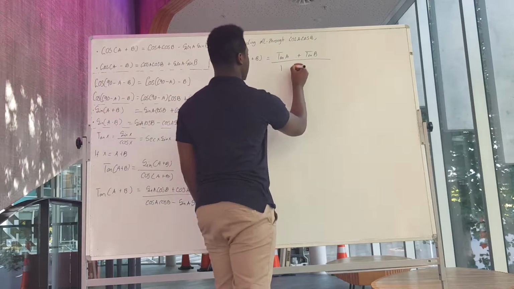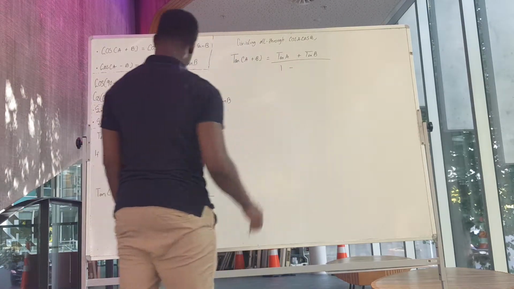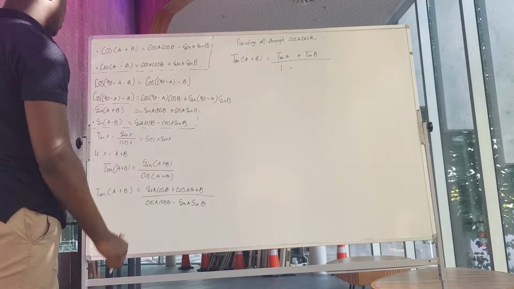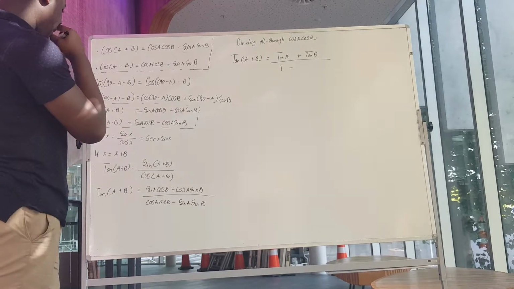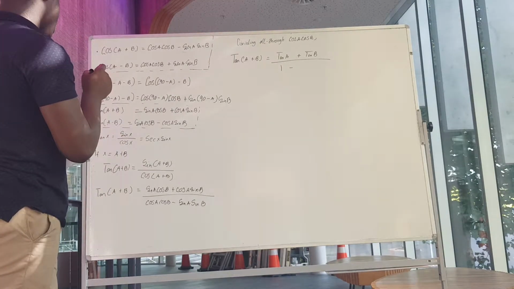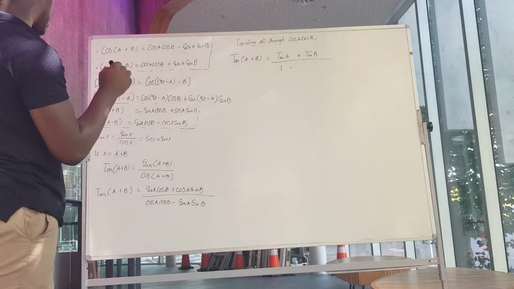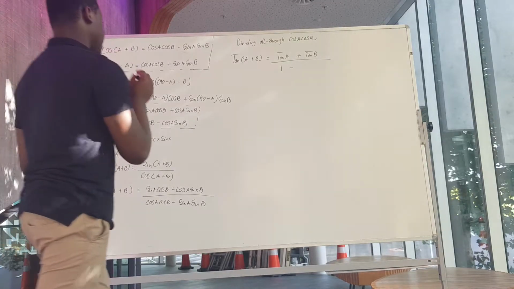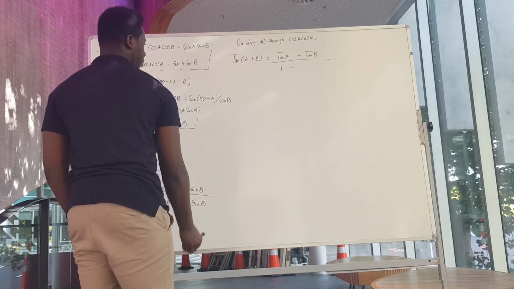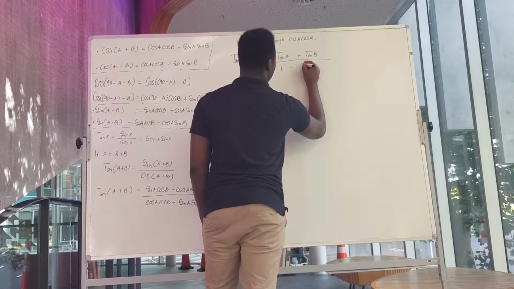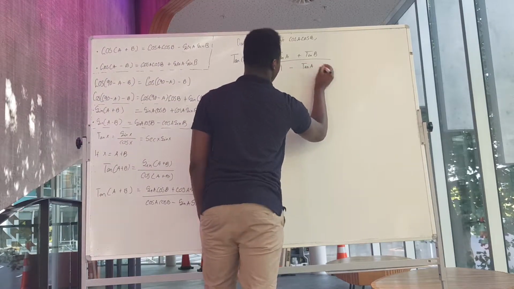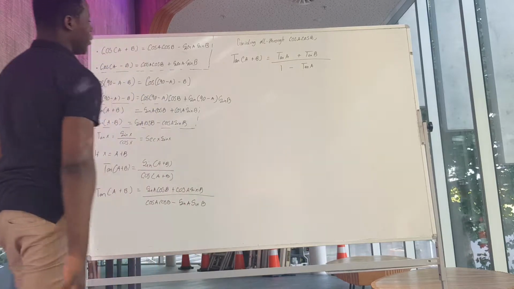Minus sine a sine b divided by cosine a cosine b, so sine a divided by cosine a is tan a, times tan b. So we have that.